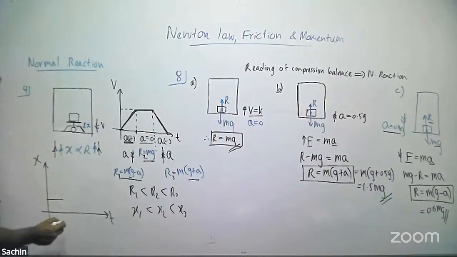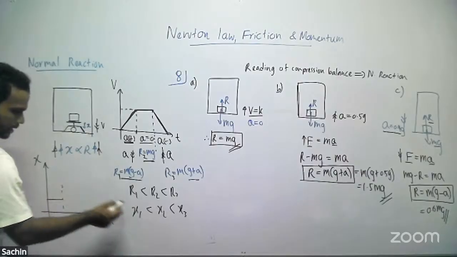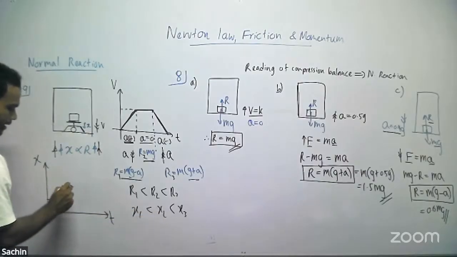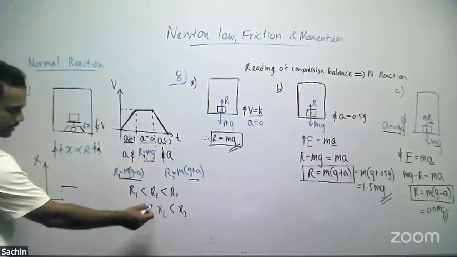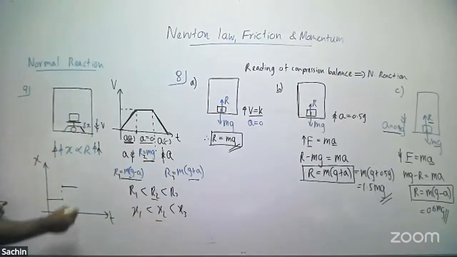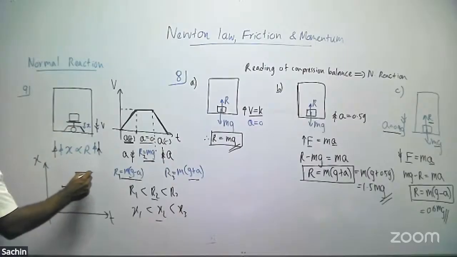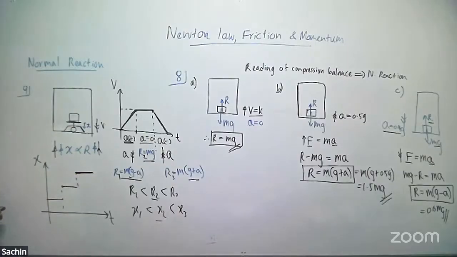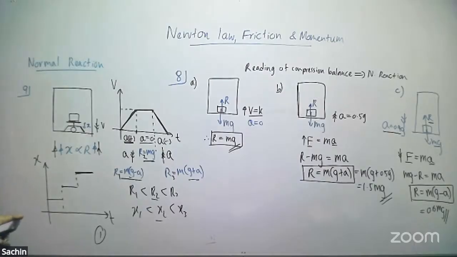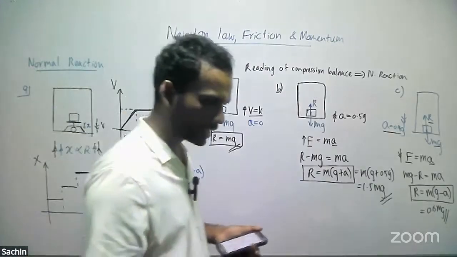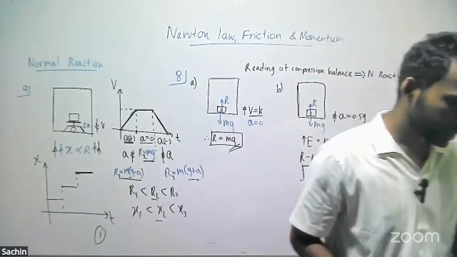For the next time period it should be somewhat higher, but again constant because the acceleration is not changing, the reaction is not changing, and x also does not change. For the last section it is higher than the previous one, but again constant. So the graph should look like the one given in the first answer.